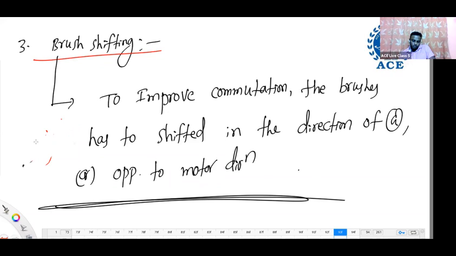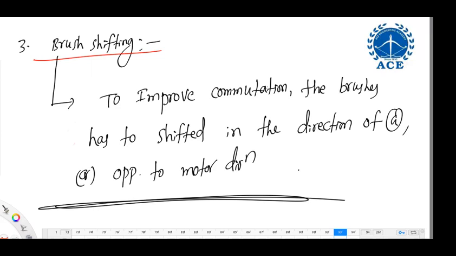Sir, about the statically induced EMF and dynamically induced EMF. The reactance voltage is like a statically induced EMF because it is induced due to the variation of current, the current reversal from positive to negative. When the current changes from positive to negative, the flux also varies from positive to negative.